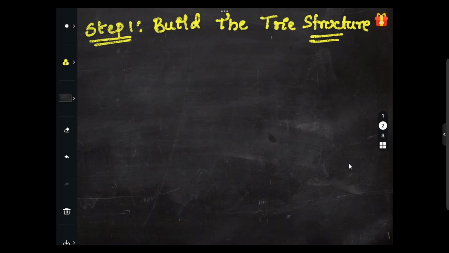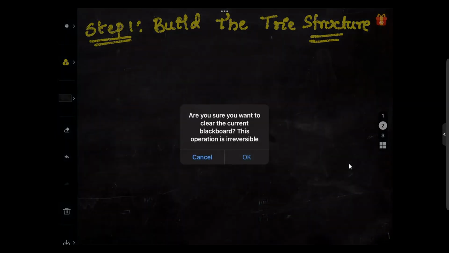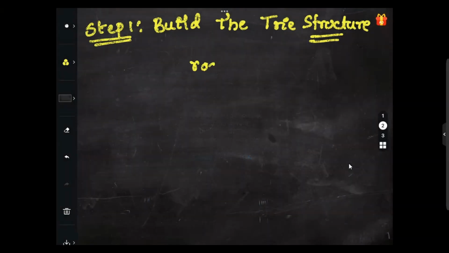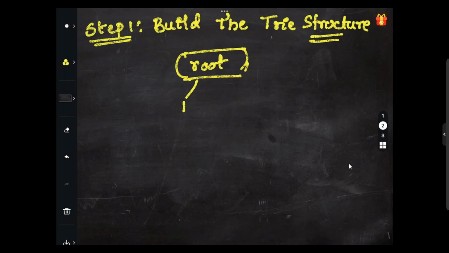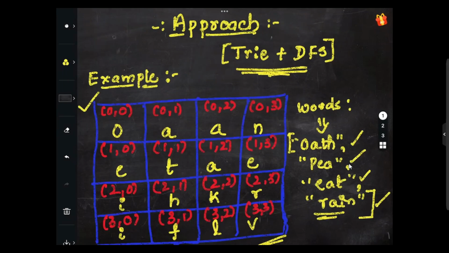The trie structure will basically look like this. We know that initially we'll start from an empty root, right?